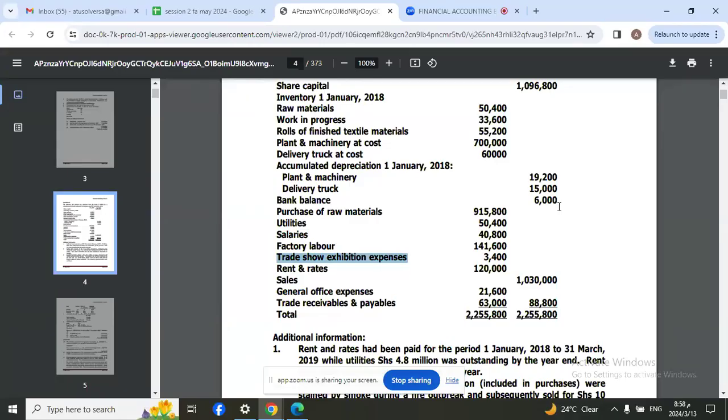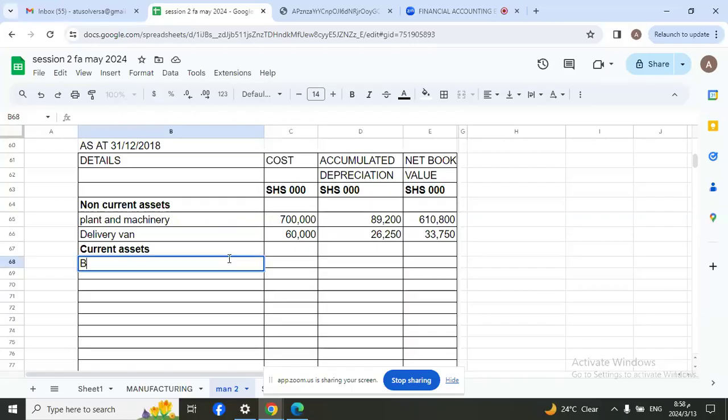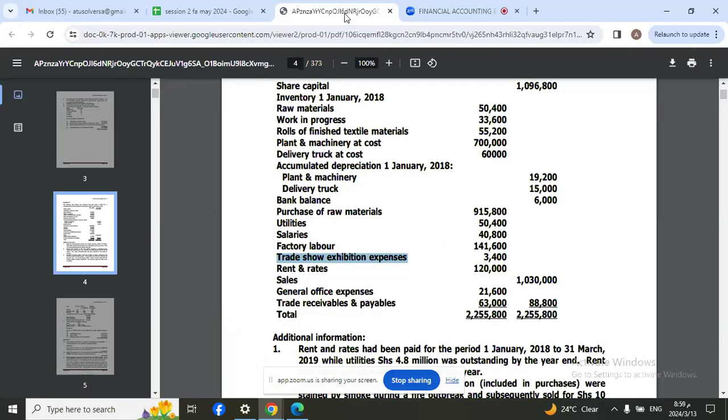I write the bank. It is how much? 6,000. But it is on credit. So it means it's not an asset, but rather a liability. It is a bank overdraft because it is on credit.